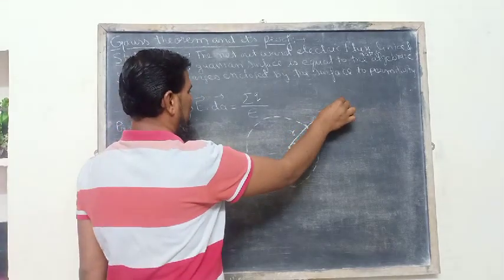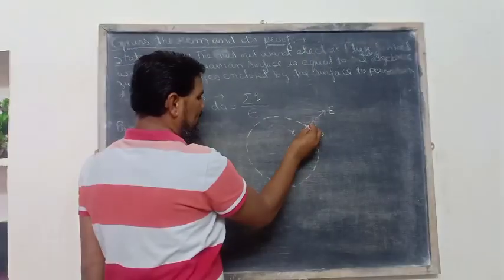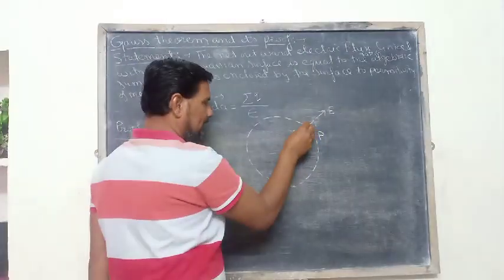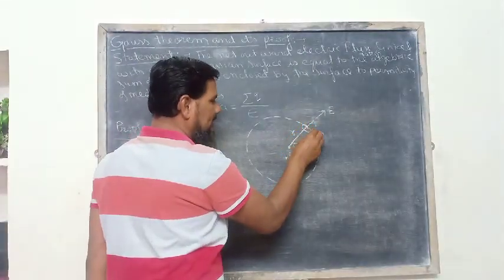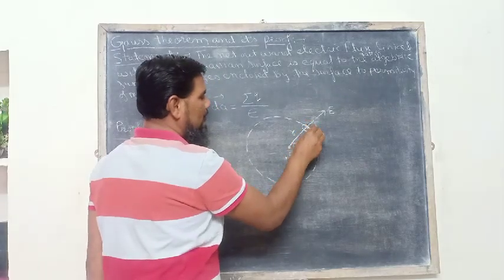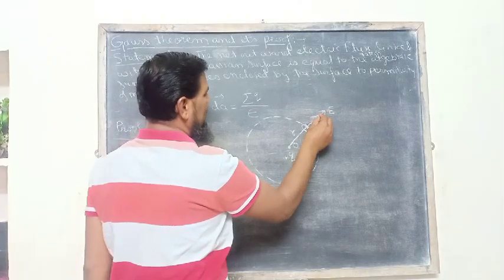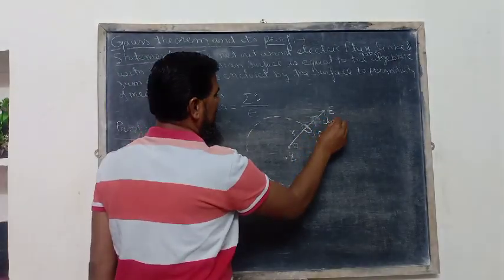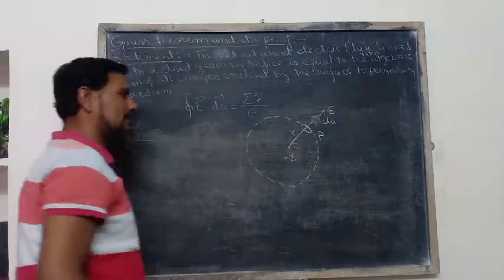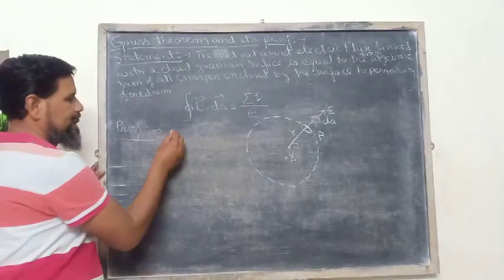Now we consider an element area dA, which is perpendicular to the surface, along the direction of E. So dA and E are both along the same direction.